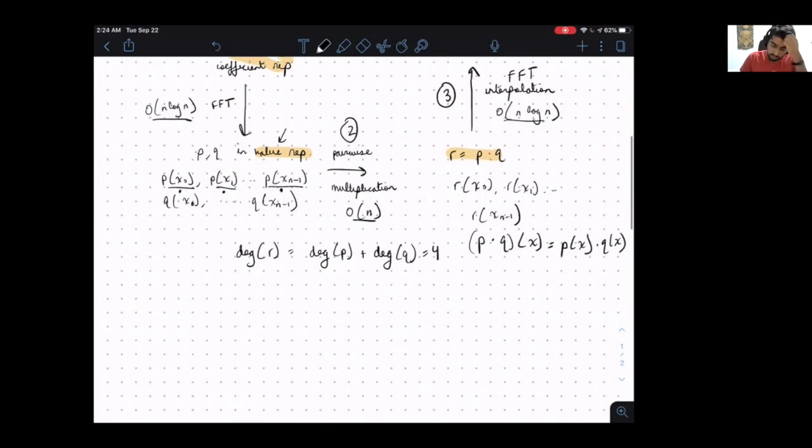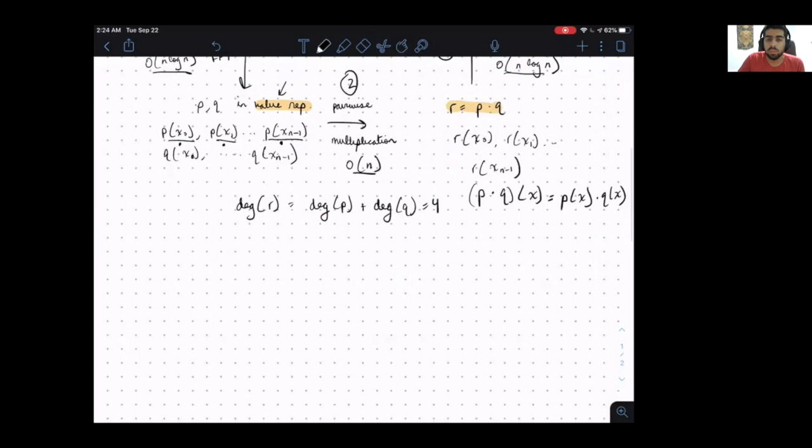So in the first step, where we're computing the value representation of the polynomials P and Q, there's one very important thing that we need to decide. We need to decide at how many points we need to evaluate P and Q such that we can get a good value representation of the P times Q polynomial.